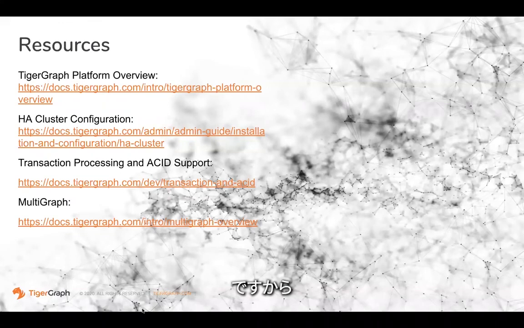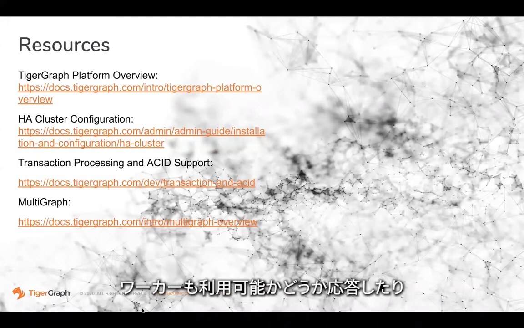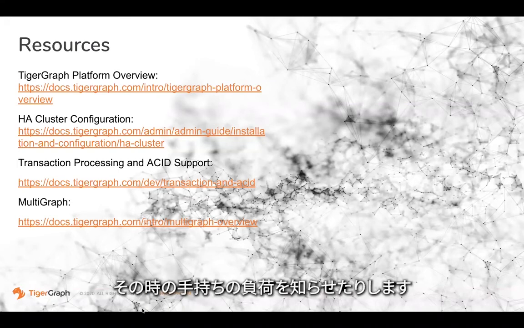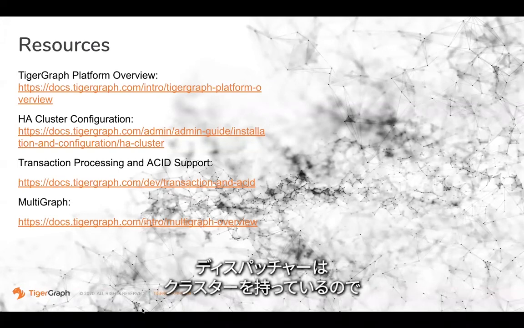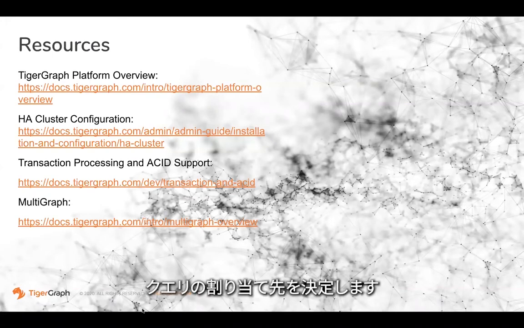The masters in charge of a query look to see who's available, and it's also up to the workers to respond about whether they're available and how much load they currently have. So the dispatcher has the cluster view. The dispatcher knows what the level of activity is on each node, and decides where to assign the queries.